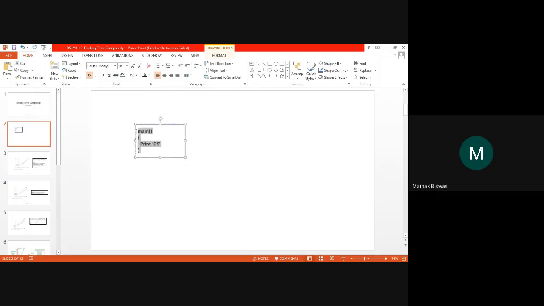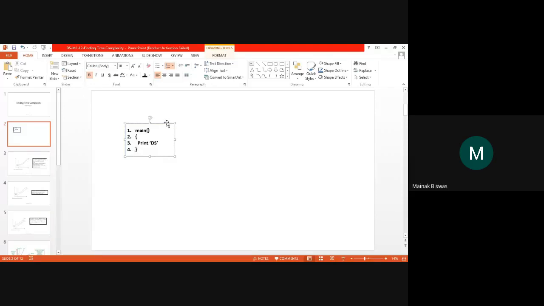So let us put numbers also. This is a very small piece of code where the function is very simple: main function, bracket open, print DS, and this one 4. Output is 4.